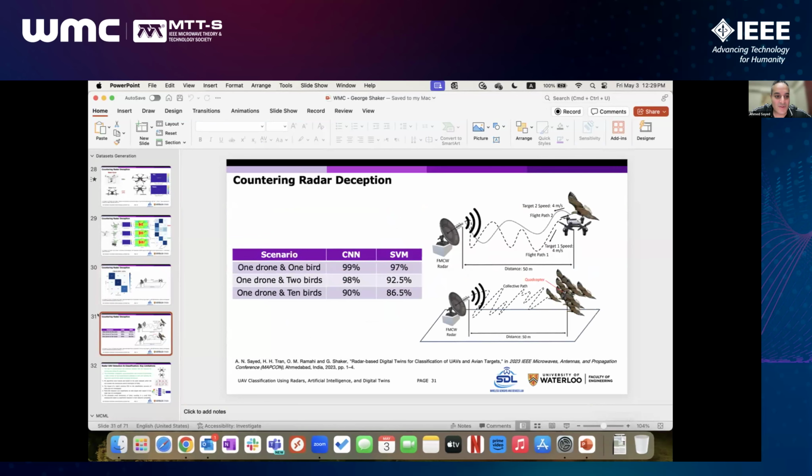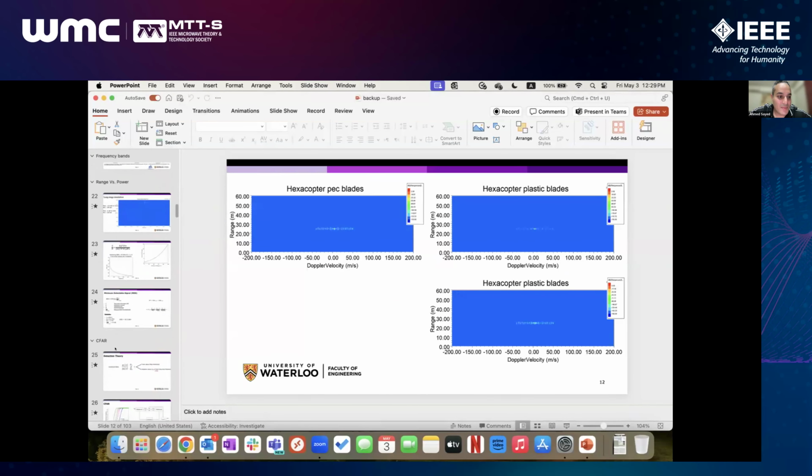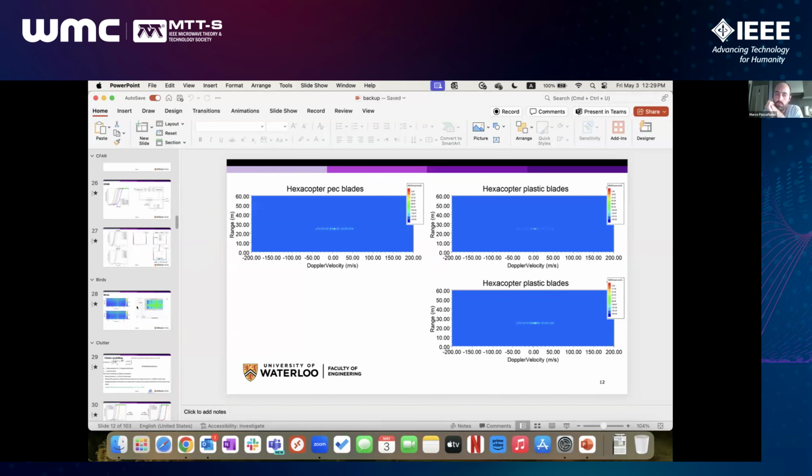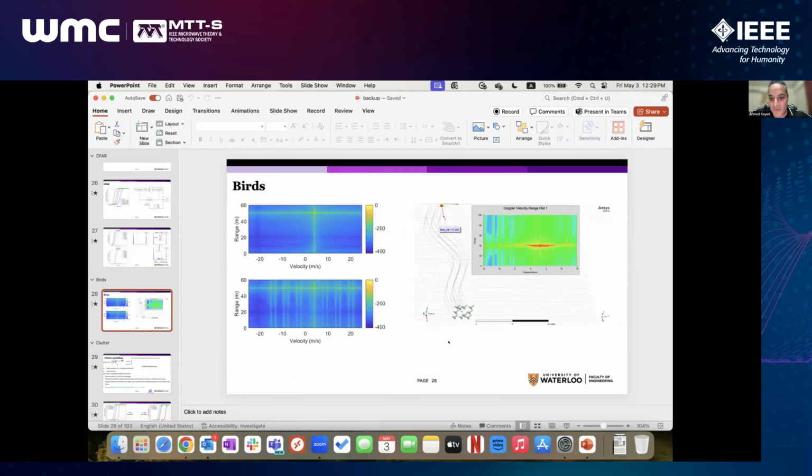Let me show you something, for example, here about the birds. For example, this one scenario. Can you see? The network is not trained on these signatures. For example, the drone signature is right and left, and this big signature is for birds.